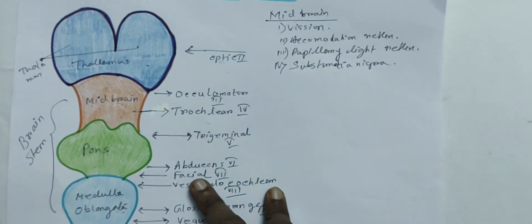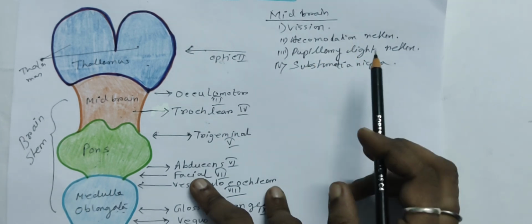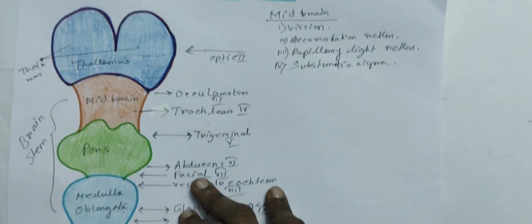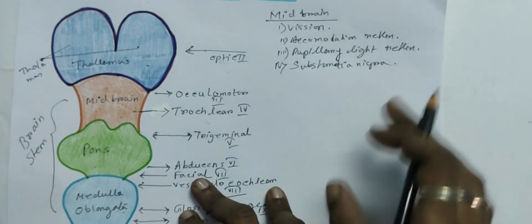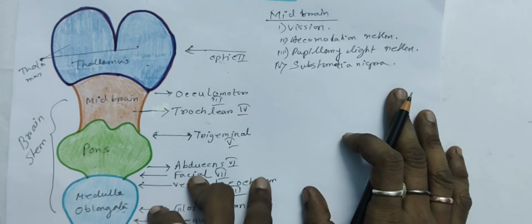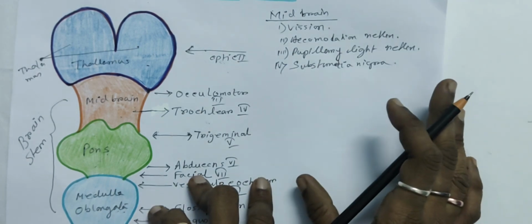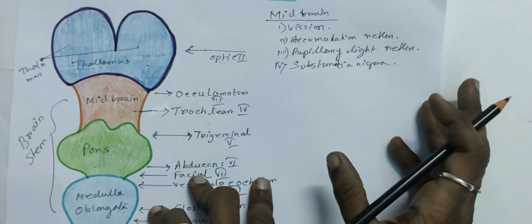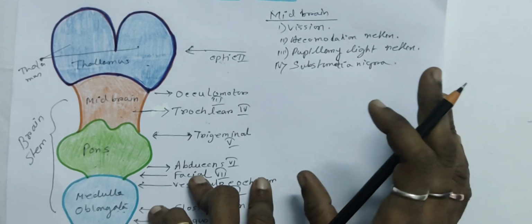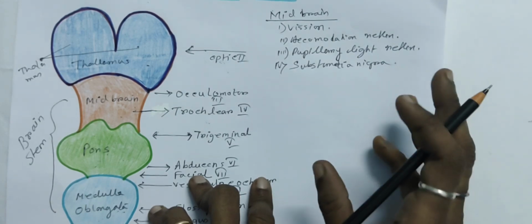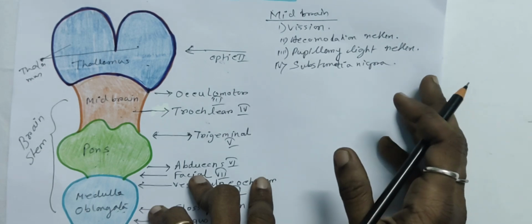Okay, this dopaminergic system goes to the basal ganglia, which initiates motor movement and continues the smooth motor activity.